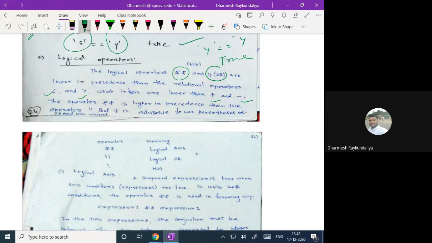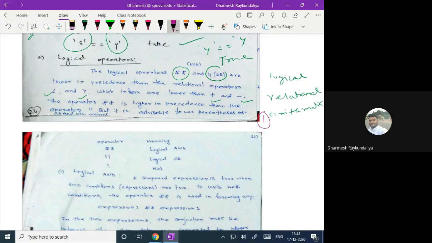It means that if you have three operators, one is logical, second is relational, and third one is arithmetic, then among the three, which has the highest precedence? Arithmetic has the highest precedence.